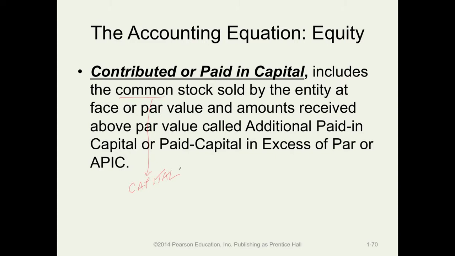And this is the cash that you receive when you go to a public market, or even privately, if you sell somebody a share of stock in your company and you're not traded on a stock exchange. Usually the stock has a par value, and amounts over par value are called additional paid-in capital or paid-in capital in excess of par value.